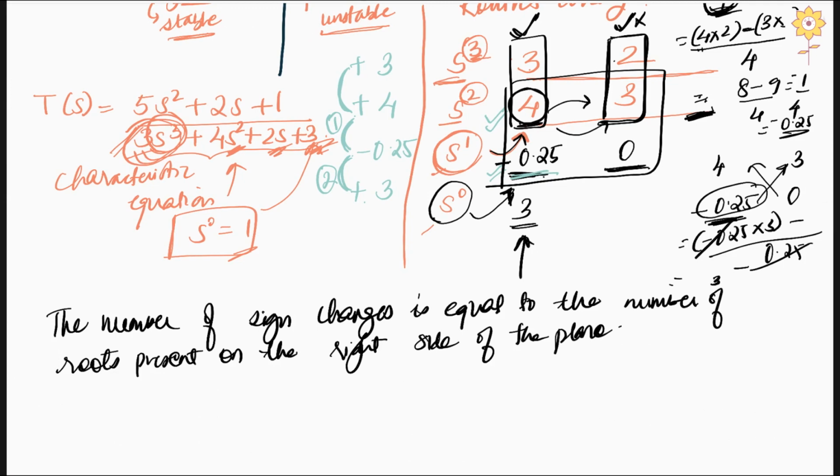So, there are 2 sign changes, right. Hence, there are 2 roots on the right side of the S plane, and since there are 2 roots on the right side of the S plane, that is the positive side of the S plane, hence we can say that the system is unstable.